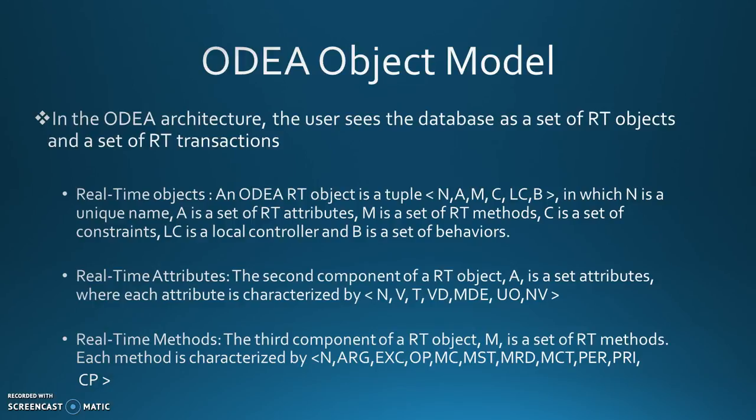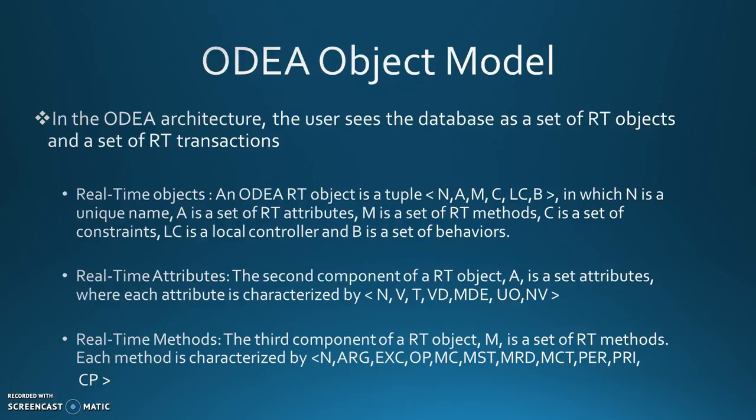ODEA object model. In the ODEA architecture, the user sees the database as a set of real-time objects and a set of real-time transactions. So what do real-time objects include?